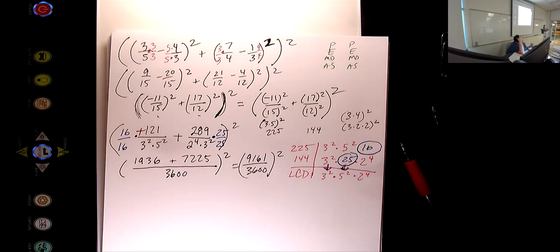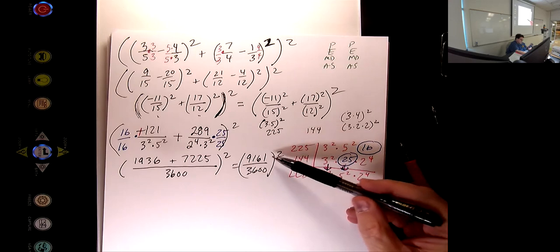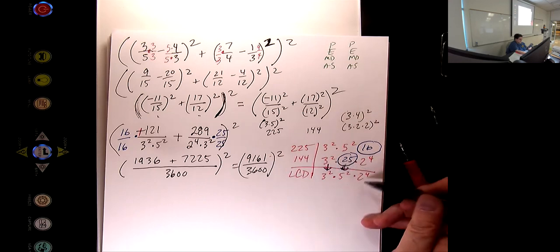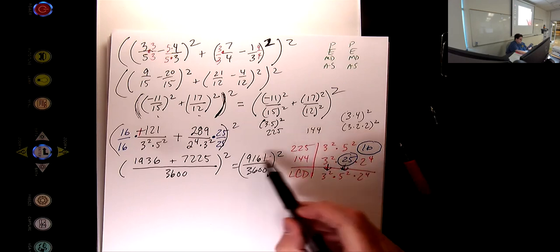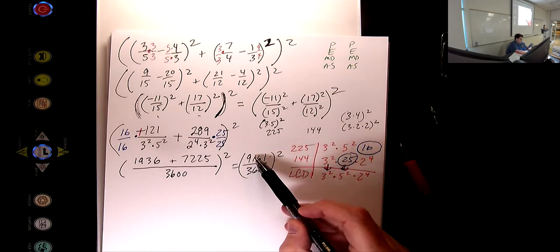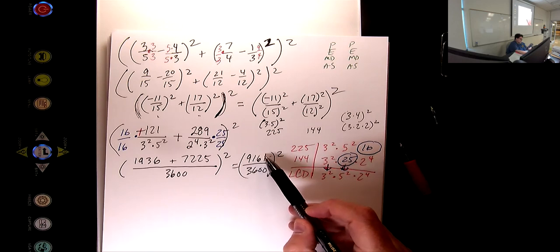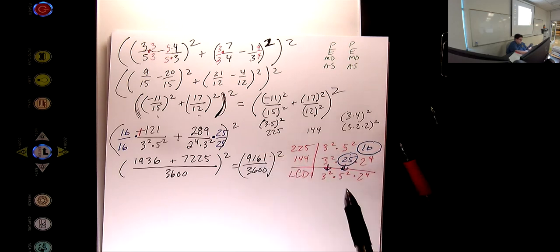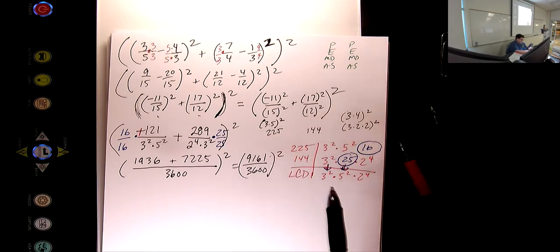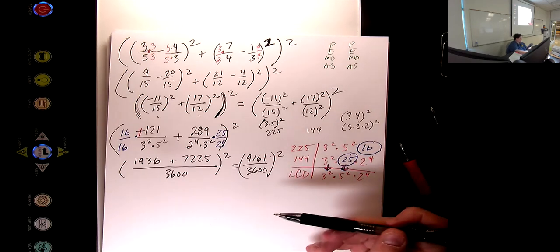It's going to be divisible by a 2, a 3, or a 5. I can tell right away it's not divisible by a 2 or a 5, because that's an even number or a 0 or a 5. To do the divisibility rule for 3s, add up the digits and see if the number is divisible by 3. 9 plus 1 is 10, plus 6 is 16, plus 1 is 17. 17 is not divisible by 3, so 9161 is not divisible by 3. They don't have anything in common.